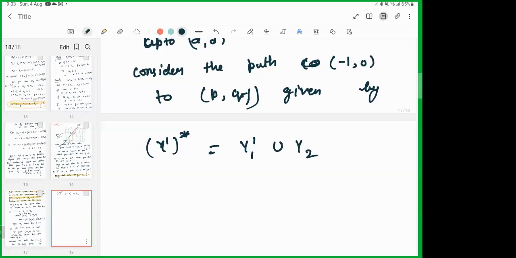So this is my gamma. The idea is this: the paths which touch the line y equals x and go from 0, -1 to p, q minus 1 are in 1-to-1 correspondence with the paths from -1, 0 to p, q minus 1. And these paths I know how to compute.